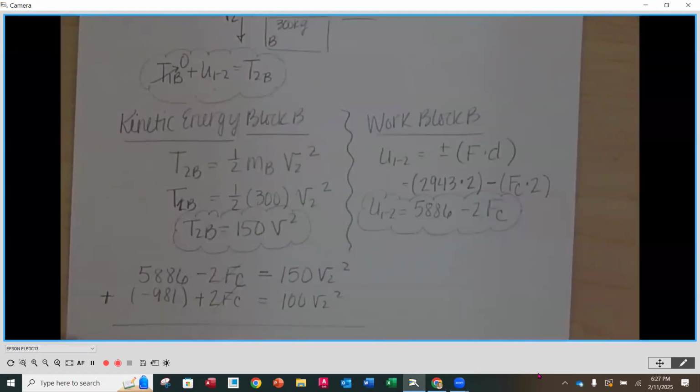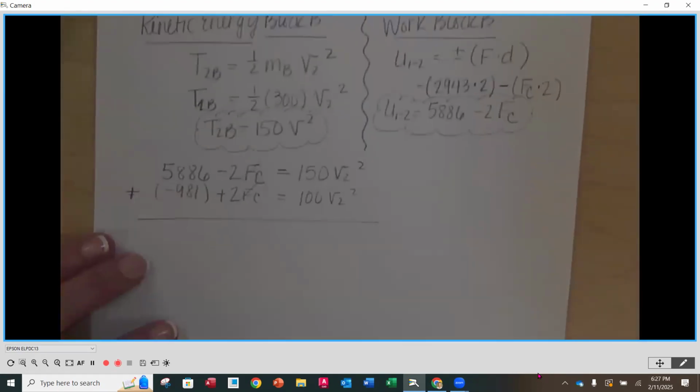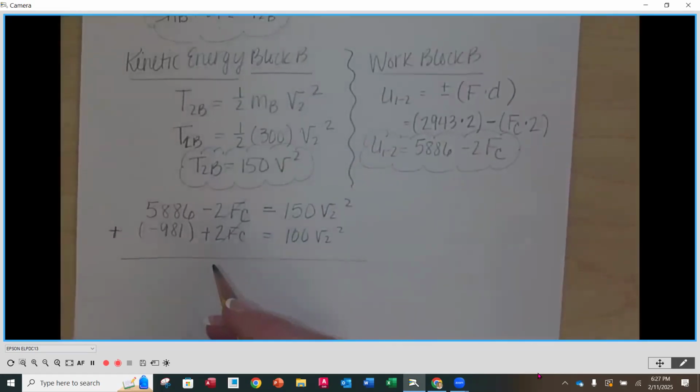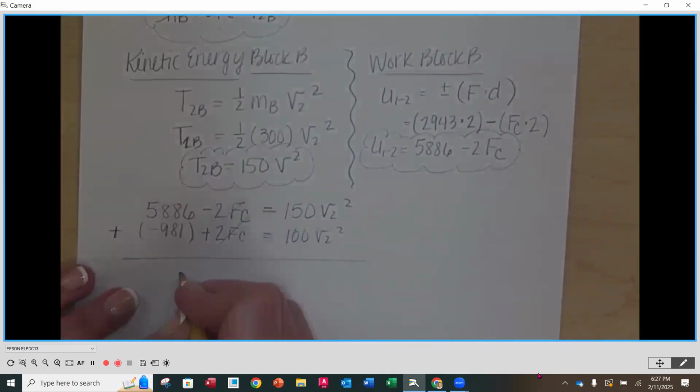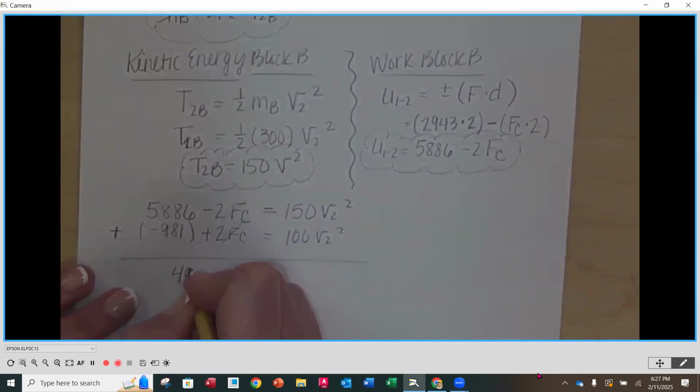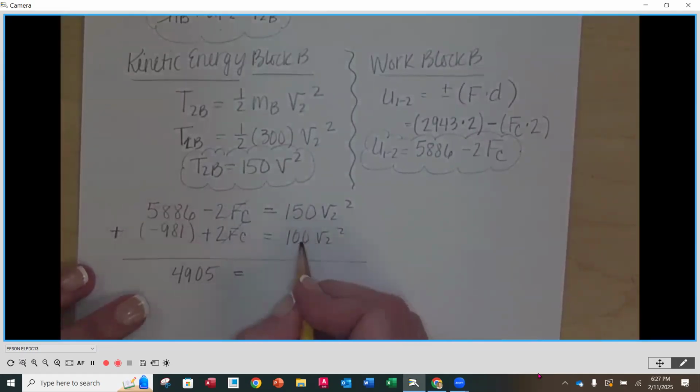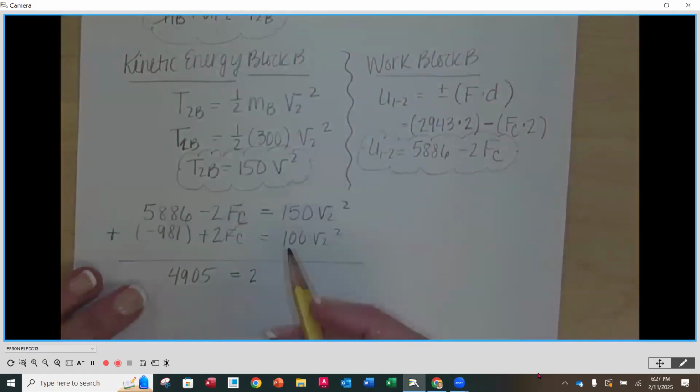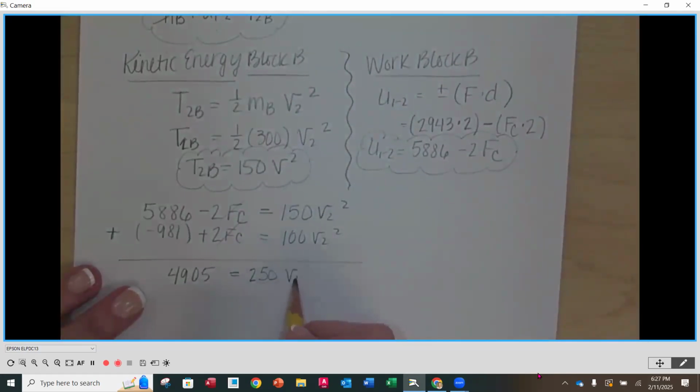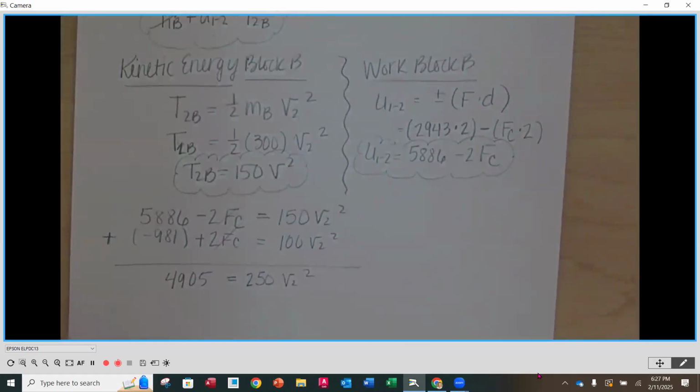One's positive, one's negative. So that's not going to come along down. But over here we should get 4,905. Adding these two, it's going to be equal to 250 V2 squared. So now we have one unknown variable.